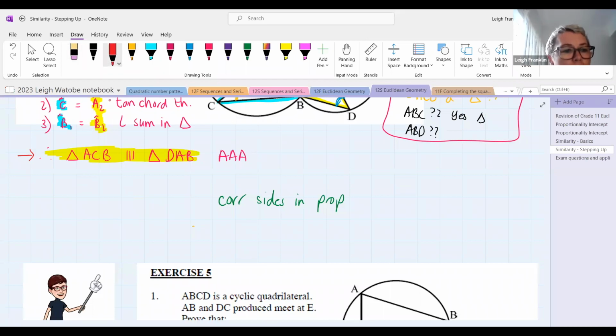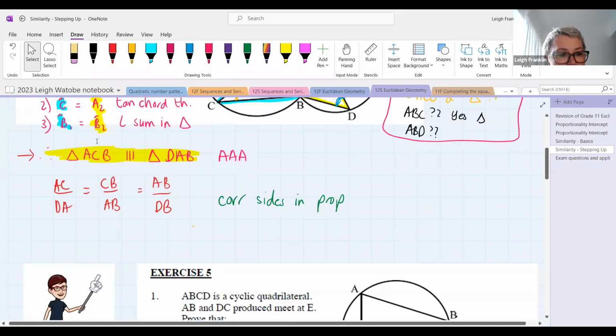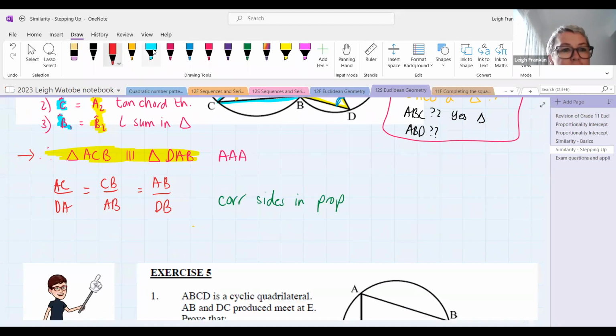We've got first and last over first and last equals second two over second two equals first two over first two, second two over second two, first and last over first and last. So we've rewritten that. Now they want BC and AC. Where is BC? Here's BC. Where's AC? AC is over there.